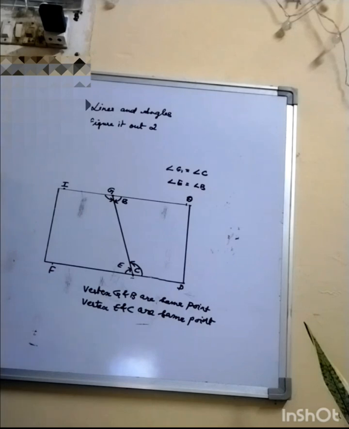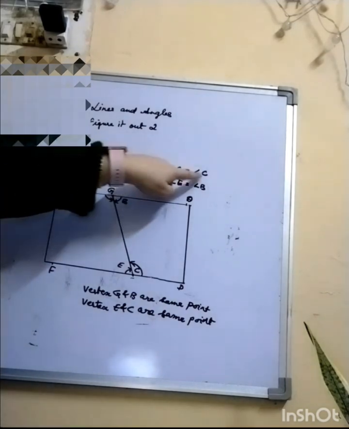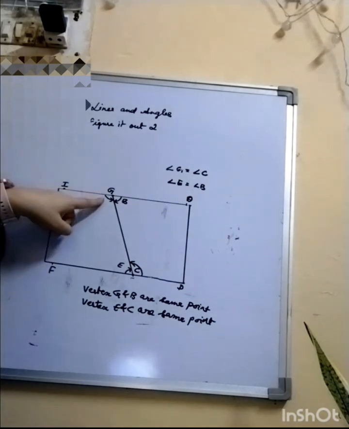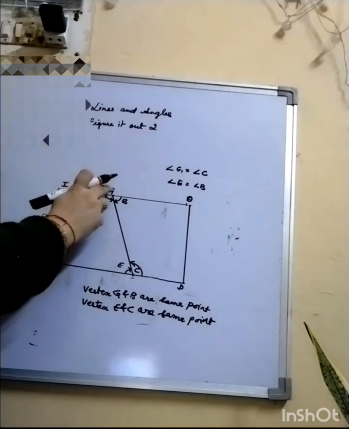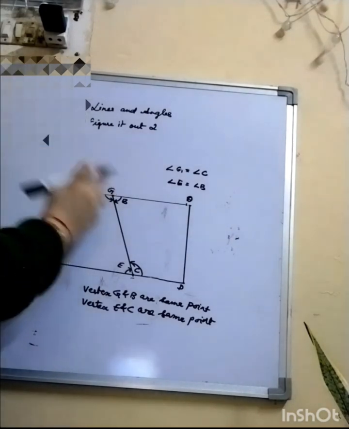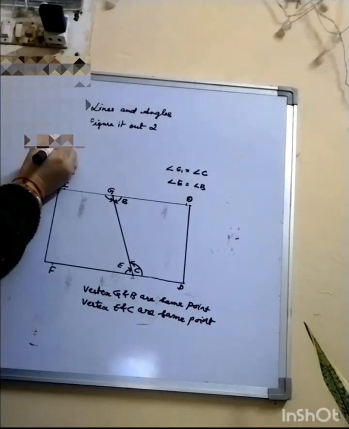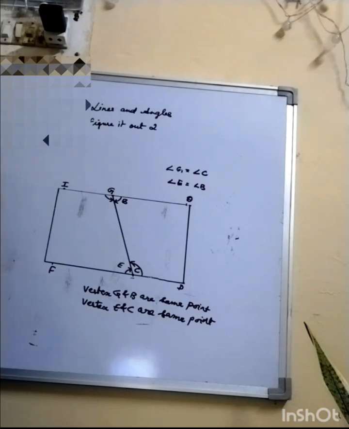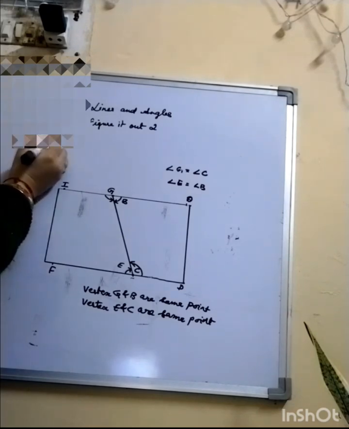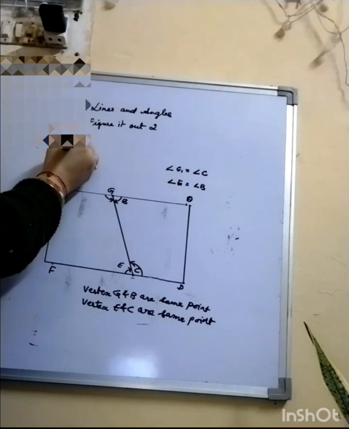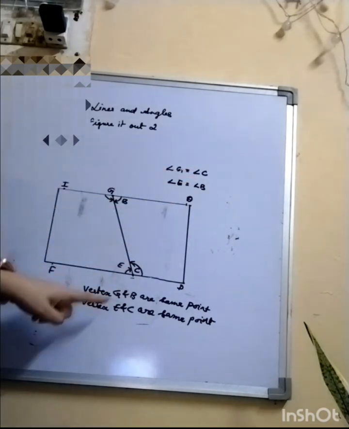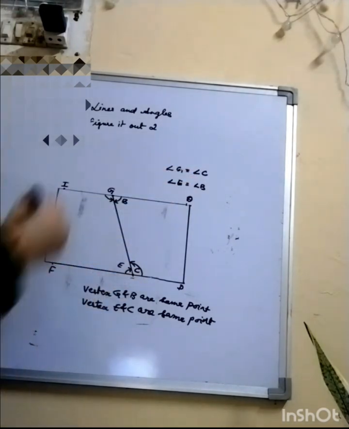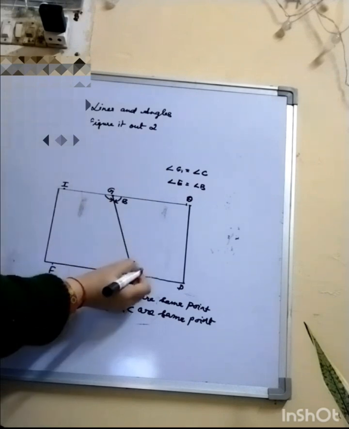Now, what did we conclude? Angle G is equal to angle C. So I gave the full name to this angle. G is the vertex, and the vertex should come in between. So angle IGE is equal to which angle?